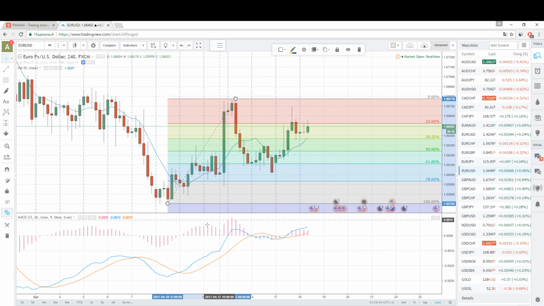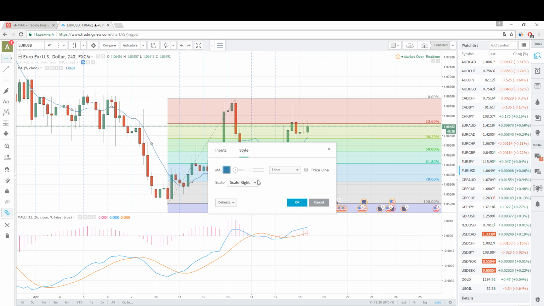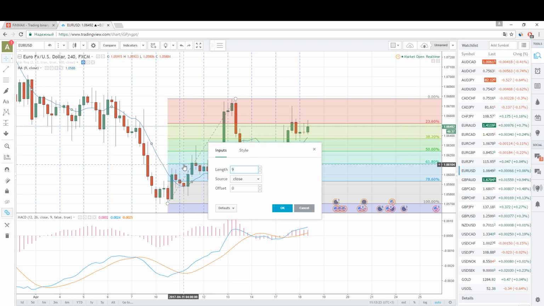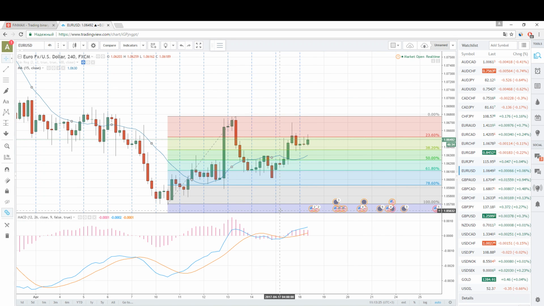The ordinary moving average with the period of 9 candles. Let's switch it to at least 15. It will be smoothed.